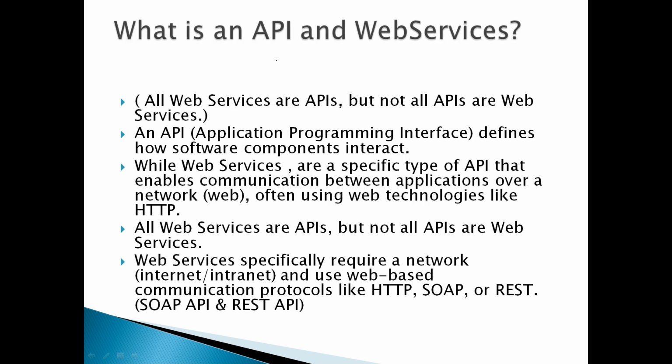What is an API and web services? So the difference is, we can say all web services are APIs, but not all APIs are web services. An application programming interface defines how software components interact, while web services are a specific type of API that enables communication between applications over network, often using web technologies like HTTP.